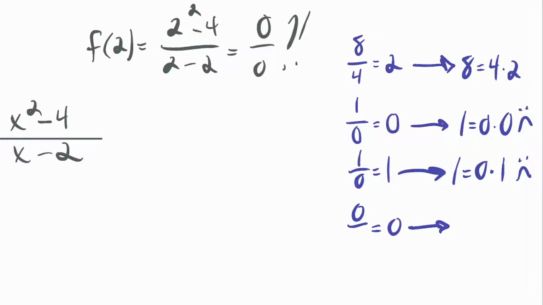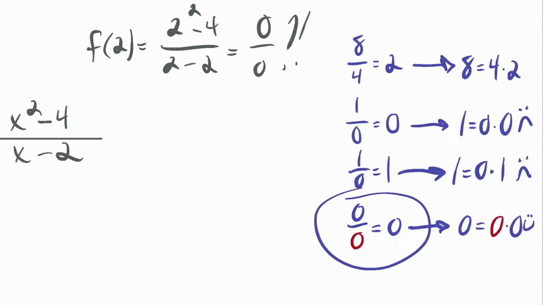Let's make it red, so it stands out more, the offending 0 divisor. So I'm going to rewrite this as 0 equals 0 times 0. And we can ask, is this true? Well, 0 times 0 is 0, so yeah, that's true. So does that mean this is true? Well, let's not jump to conclusions.